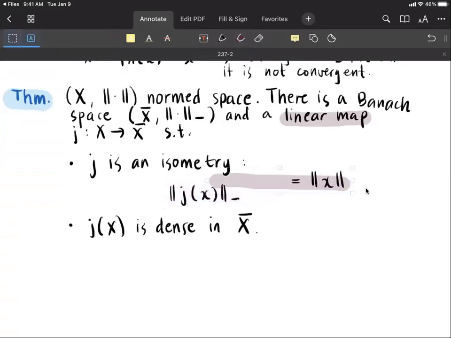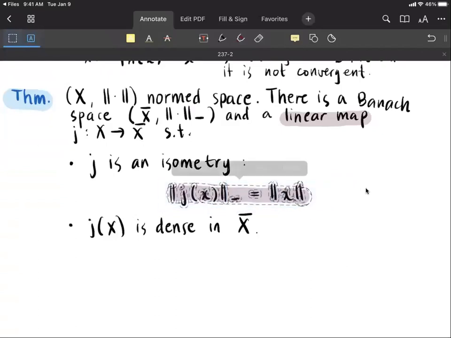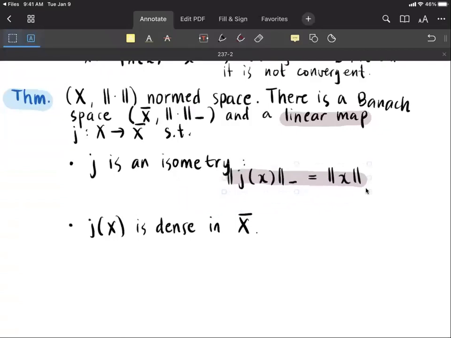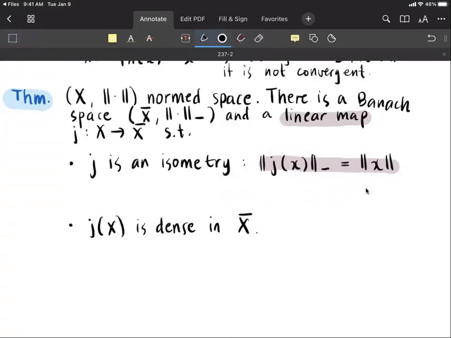Well, to say that this is indeed an isometry, let's look at the distance between the two images. Take note that the distance induced by a norm is just the norm of the difference.